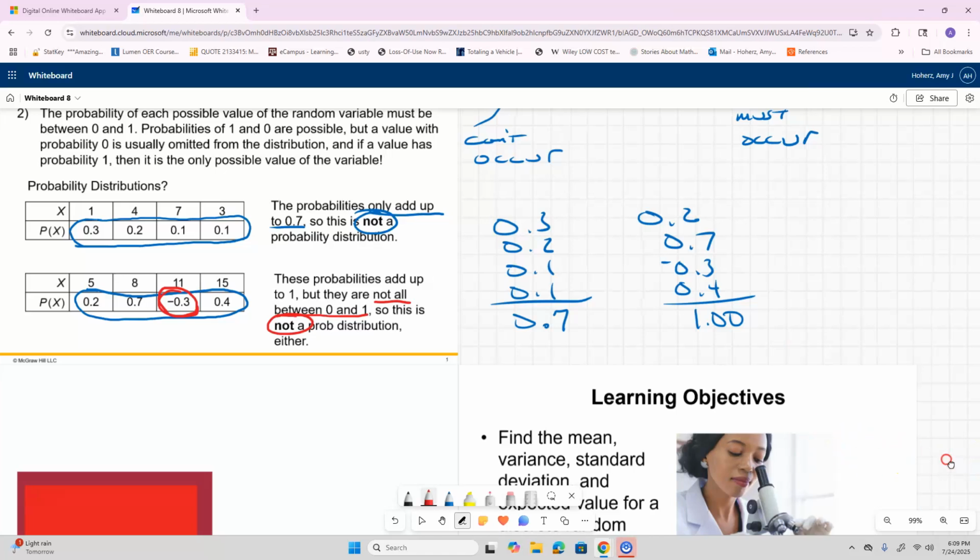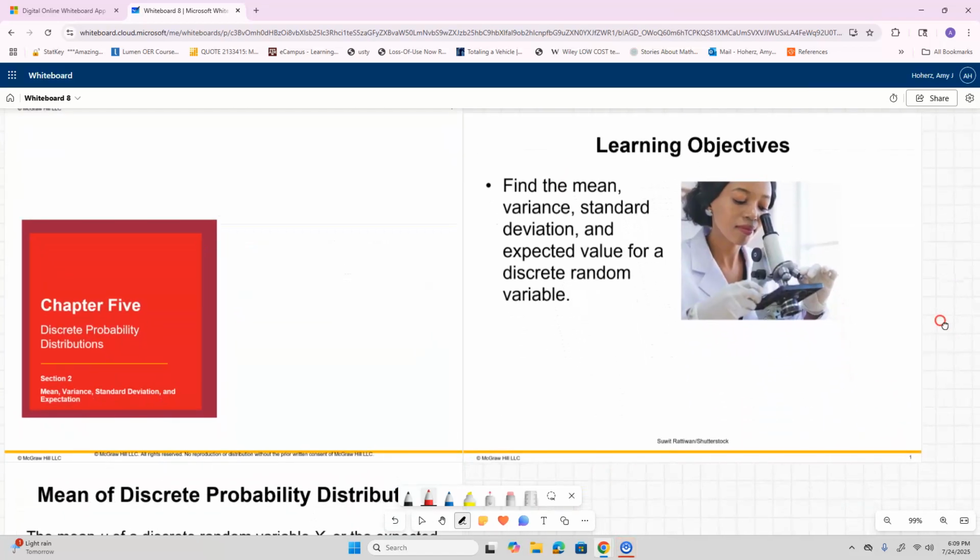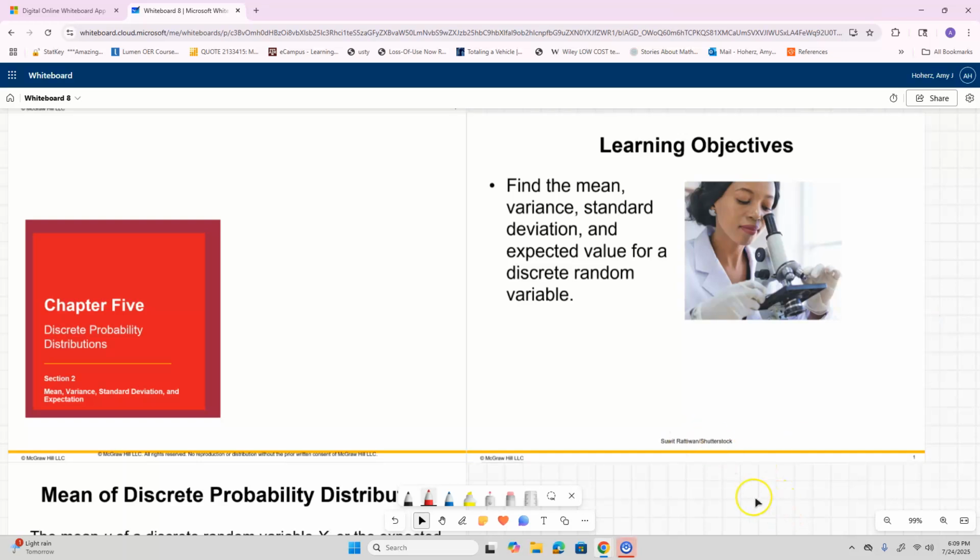Now we're going to move on to doing some actual computations with our probability distributions. So this is section 5.2. And we're still on discrete probability distributions.